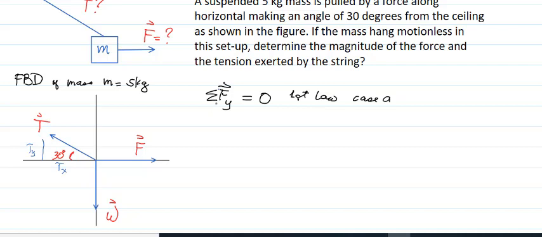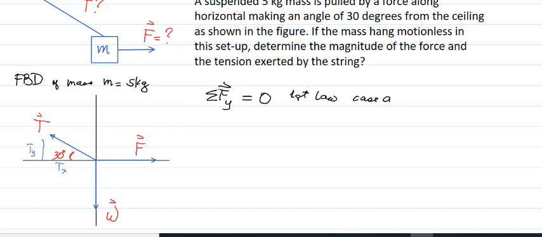Okay. So what are the forces? We only have Ty, meaning the component of T along the y-axis. Of course, the Tx is horizontal, so this is not included in our summation of force along vertical. And also the F is along horizontal, so therefore F is not included in our summation of force along vertical.